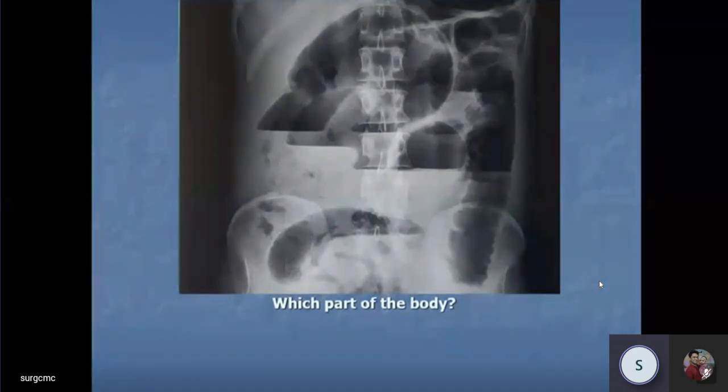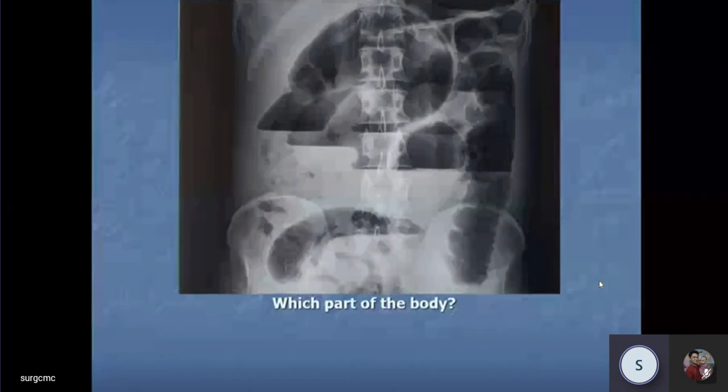But in actual practice, we ask for a straight X-ray abdomen in erect posture, including both domes of the diaphragm. That is also done. But if you are asked to do one X-ray only, it's a chest X-ray PA view only. That is the answer.